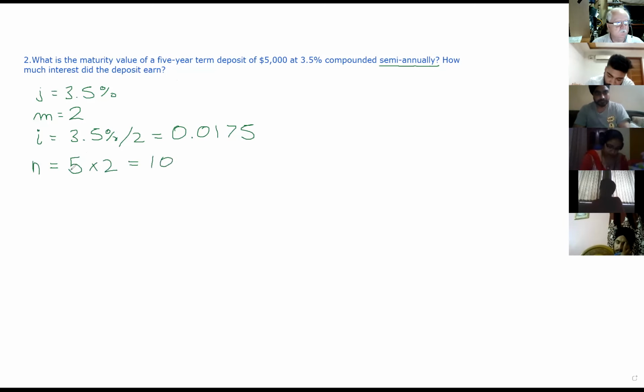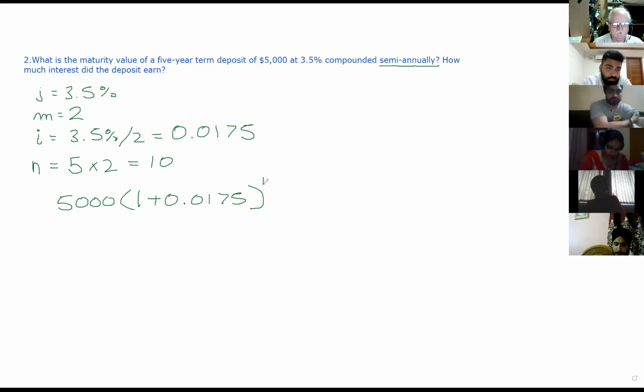So now we can figure out the compounding factor. We know it's $5,000 times 1 plus I, which is 0.0175, to the power of N, which is 10.